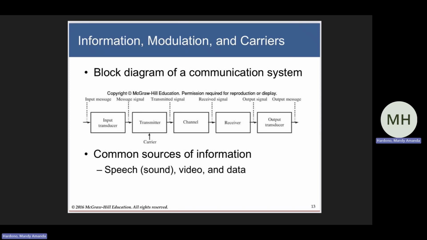Then that transmitted signal goes into the channel, which is a carrier for the signal, for example a wire. The wire takes that signal, and the received signal goes to the receiver, which converts the signal to an output signal.